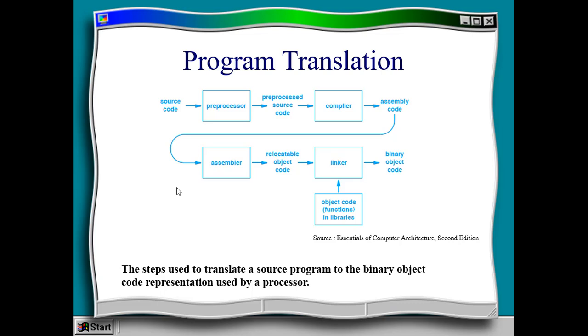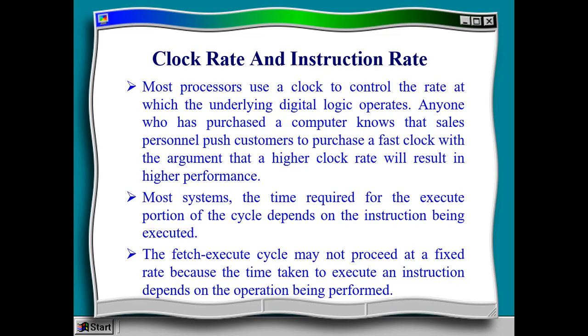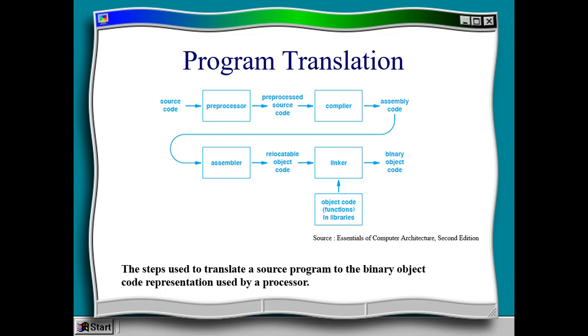A linker processes the relocatable object program by replacing external function references with the code for the function.